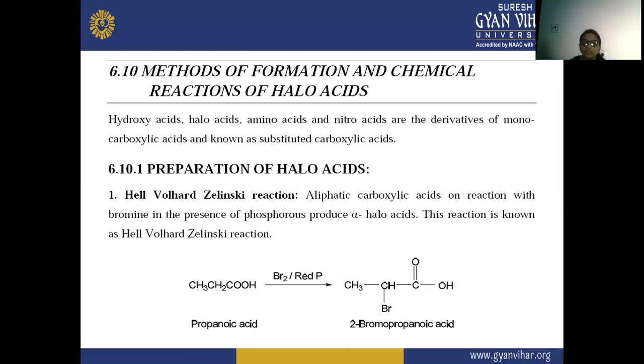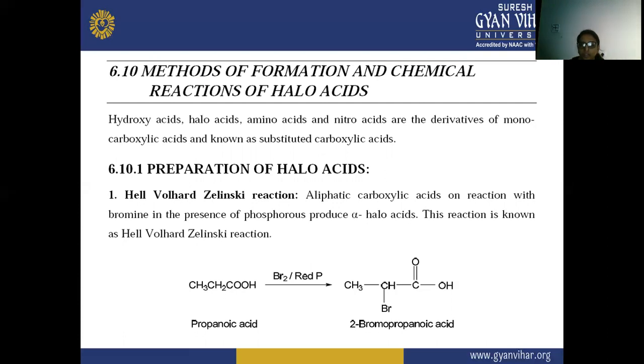When these derivatives are formed from the substitution of hydroxy, halo, amino, and nitro groups on the aliphatic carboxylic chain, they are known as derivatives of monocarboxylic acid, or substituted carboxylic acid. And the preparation of halo acid is first the Hell-Bullard-Zelinsky reaction.